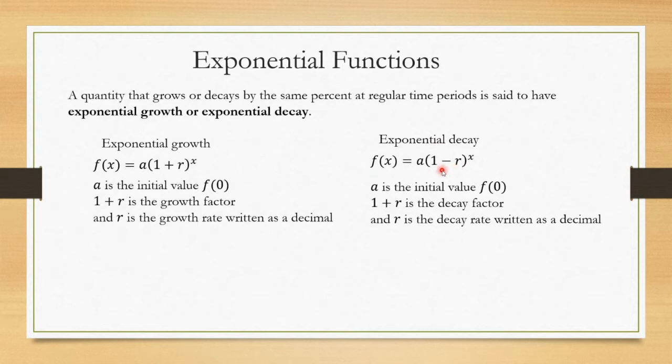That's called the decay factor, as opposed to the growth factor. Here, r is the decay rate. It might be written as a percent in the word problem, but in the formula, you have to write it as a decimal, meaning you convert it to a decimal.